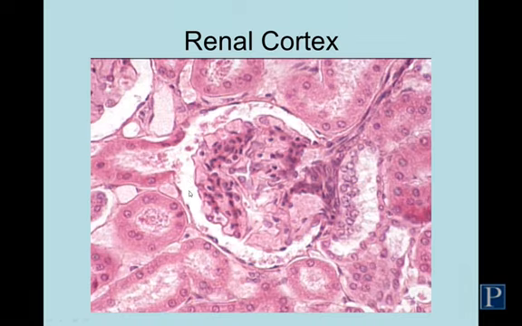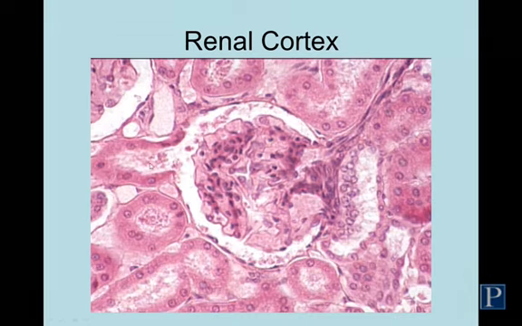The first tubular structure it passes through is this structure here, which is called the proximal convoluted tubule. The proximal convoluted tubule gets its name because of its convoluted nature and because it is at the proximal portion of the nephron. So right here you can actually see the proximal convoluted tubule connected to the urinary space.